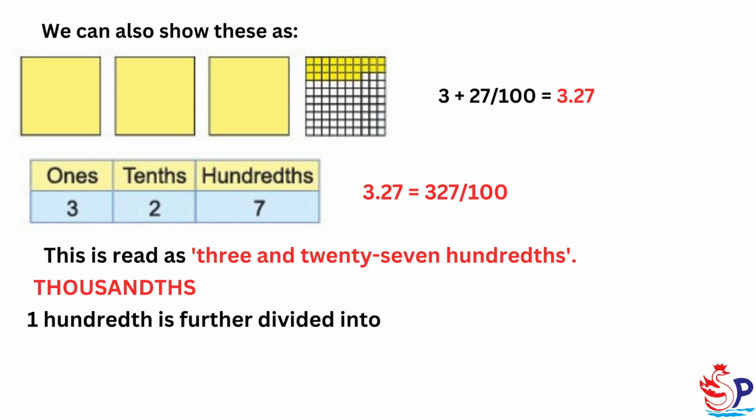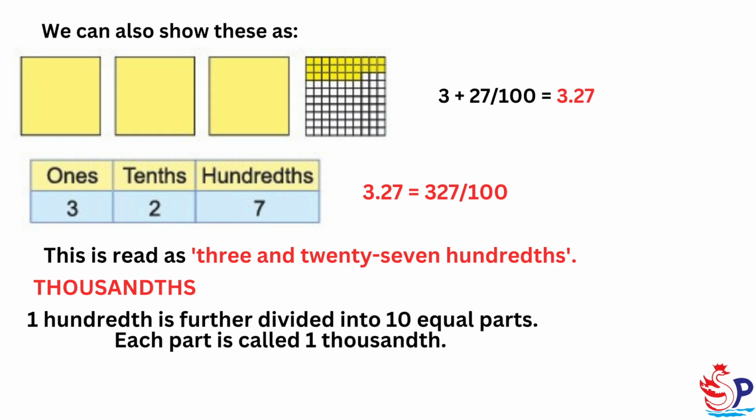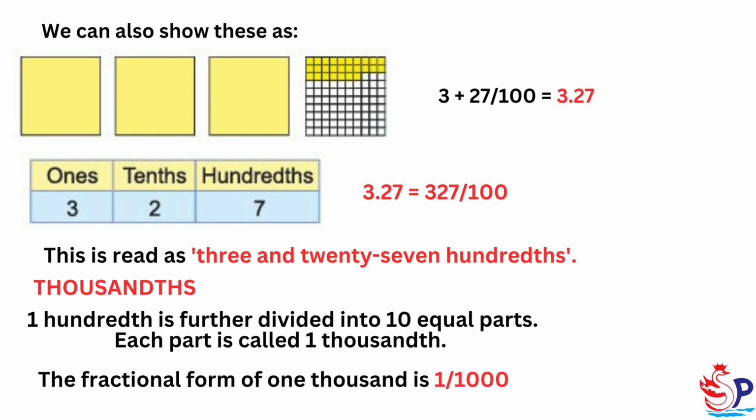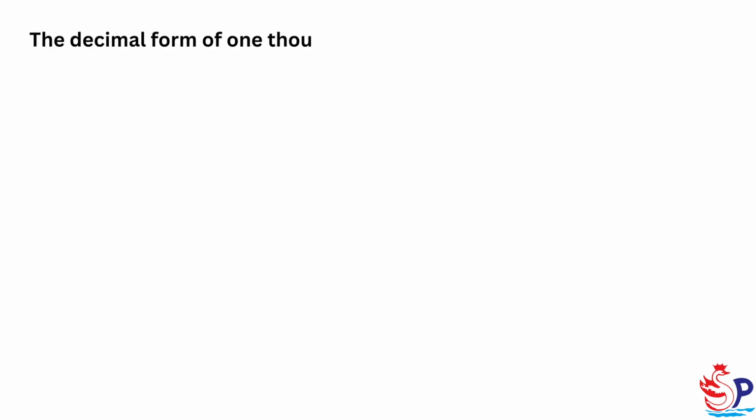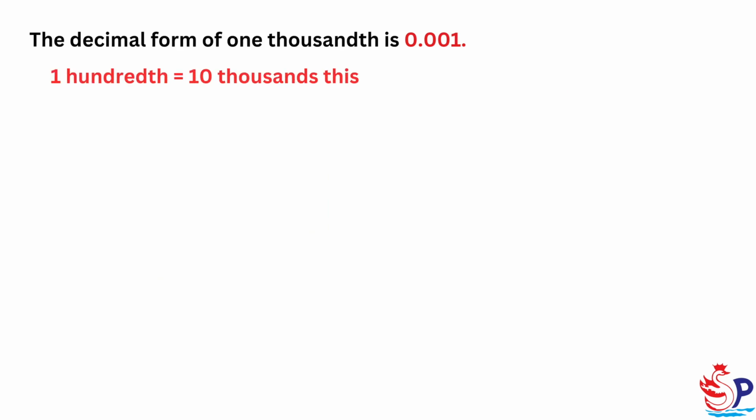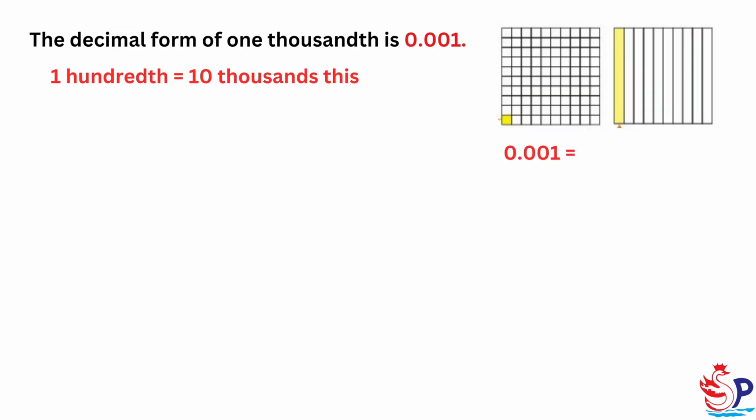Thousandths: one hundredth is further divided into 10 equal parts. Each part is called one thousandth. The fractional form of one thousandth is 1/1000. The decimal form of one thousandth is 0.001. 1/100 equals 10/1000. 0.001 equals 1/1000.